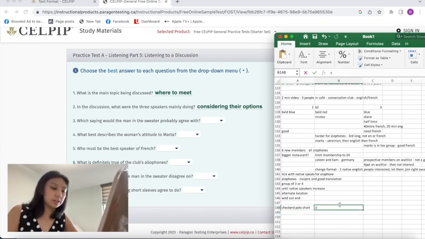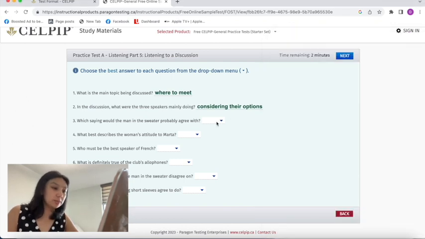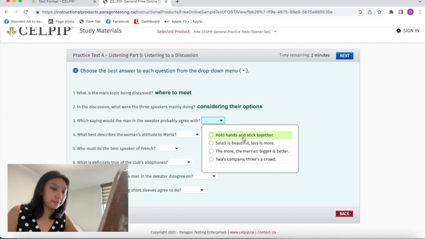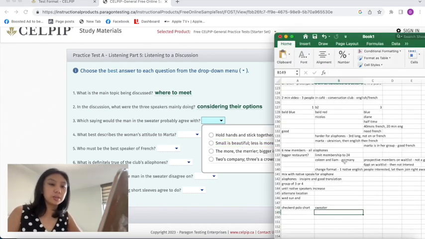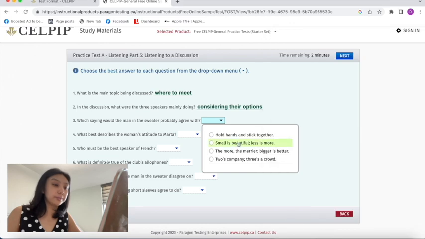So I would say they were probably talking about Nicholas. What would he probably agree with? Hold hands and stick together, or small is beautiful, less is more. I would say small is beautiful, less is more, because he said limit the membership to 24, right?